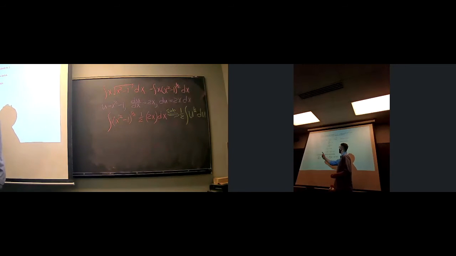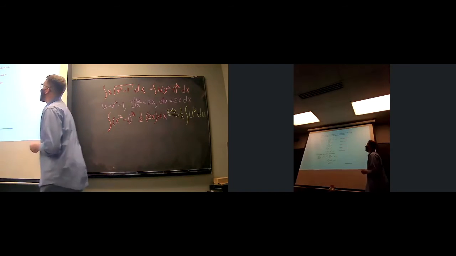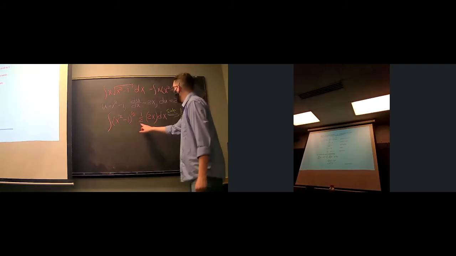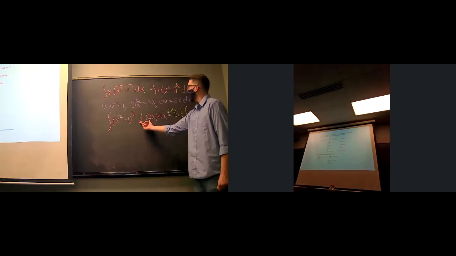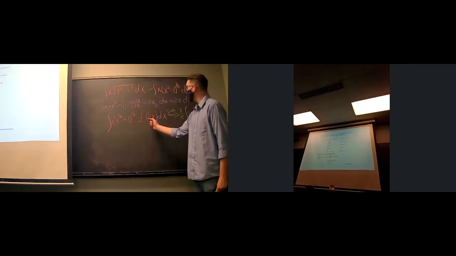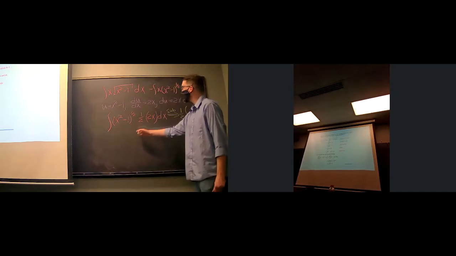So I'm going to jump to the next slide just to compare everything. Notice they used that trick. They multiplied and divided by 2, just so that we could get that 2x in there, because we had to get it in there somehow, right? So multiplying by 1 and dividing that same value out, right? We get the 2 divided by 2, it's multiplying by 1.